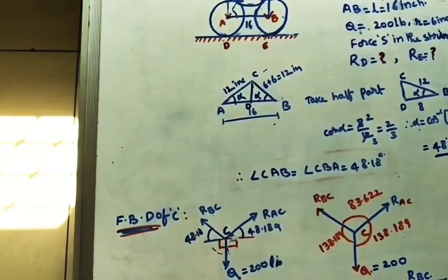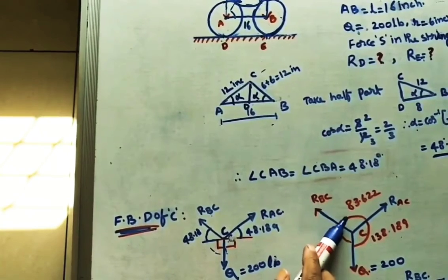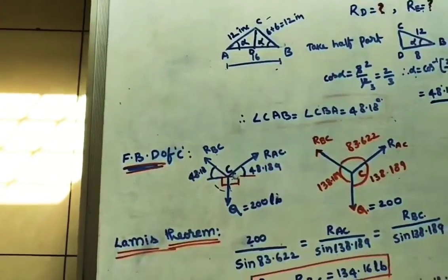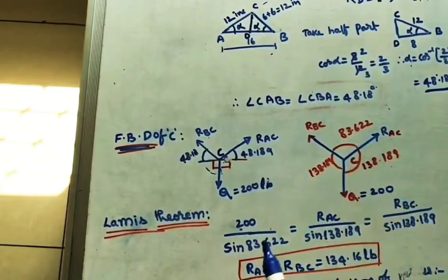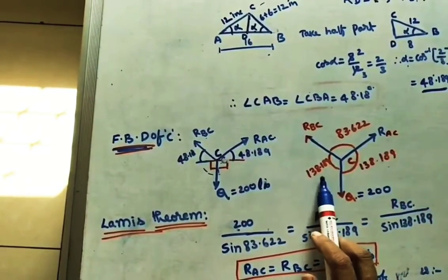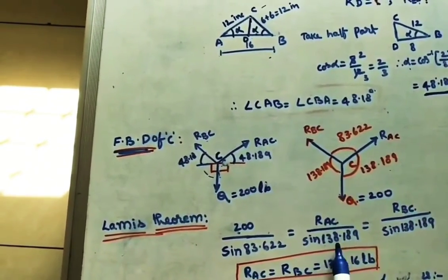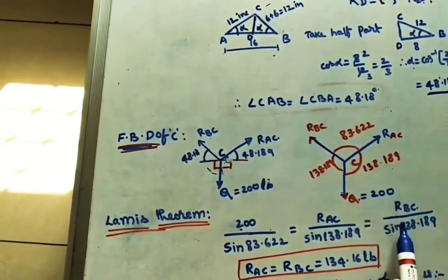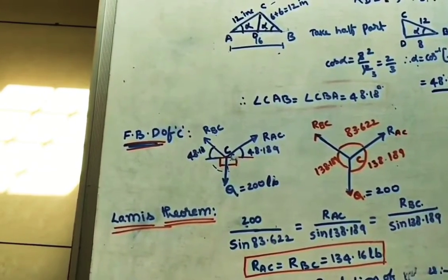Now apply Lami's theorem. According to this theorem, each force divided by the sine of the opposite angle is equal. So write down Lami's theorem: 200 divided by sine of 83.622 is equal to RAC divided by sine of the opposite angle, meaning the angle between the other two forces, 138.189, is equal to RBC divided by sine of 138.189.